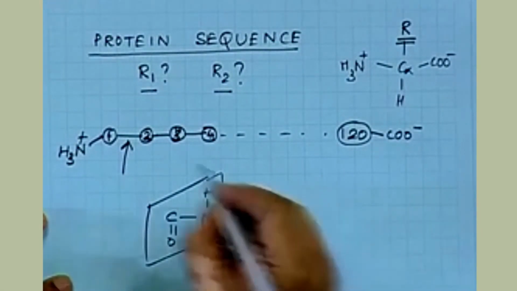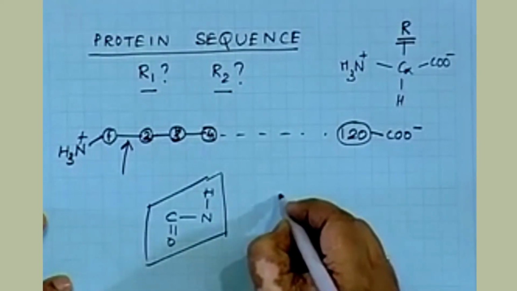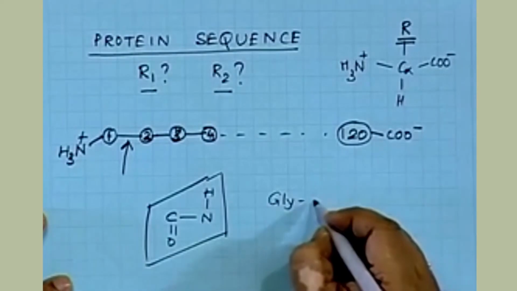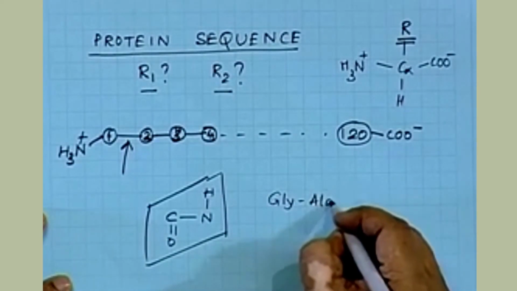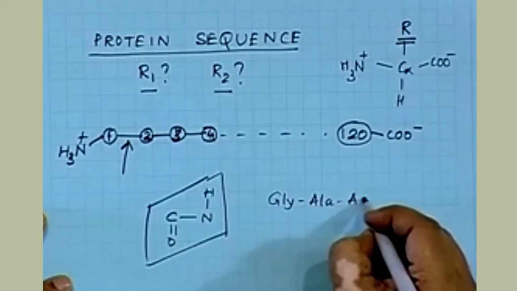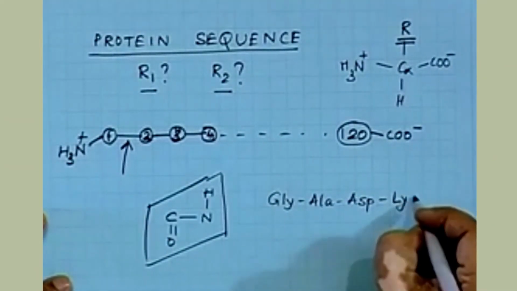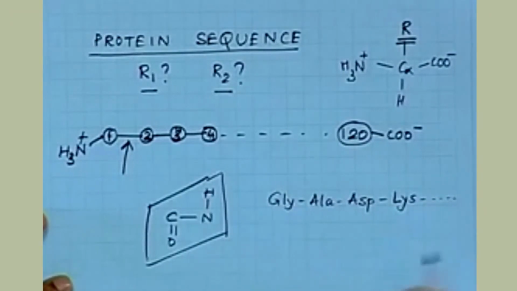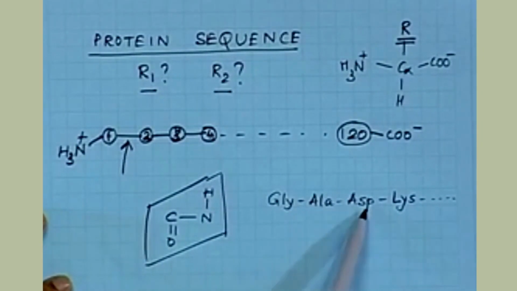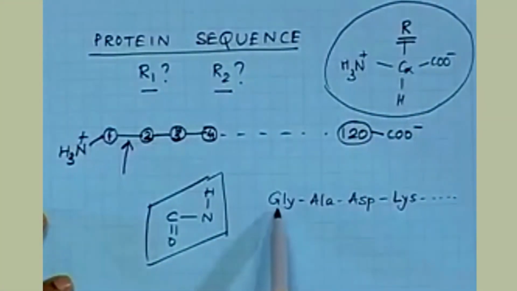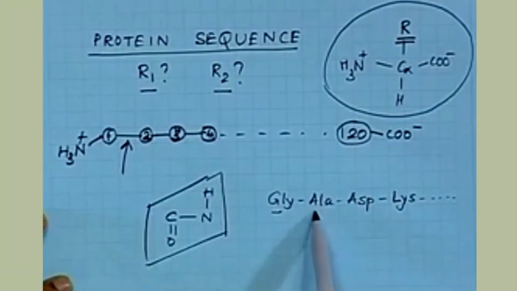In the 3-letter code, if this first one were a glycine, I would write gly linked with say alanine, linked with an acidic amino acid, aspartic acid, linked with a basic amino acid, lysine, and so on and so forth. Because now when I have glycine and alanine and aspartic acid, I know what the rest of the atoms are, because I know the side chain of glycine, I know the side chain of alanine, and so on and so forth.